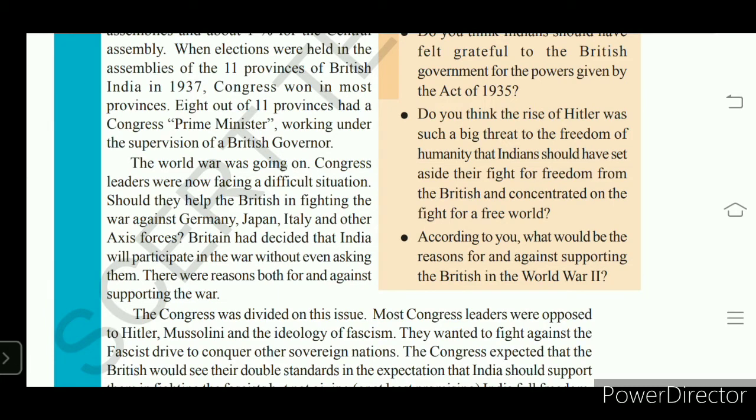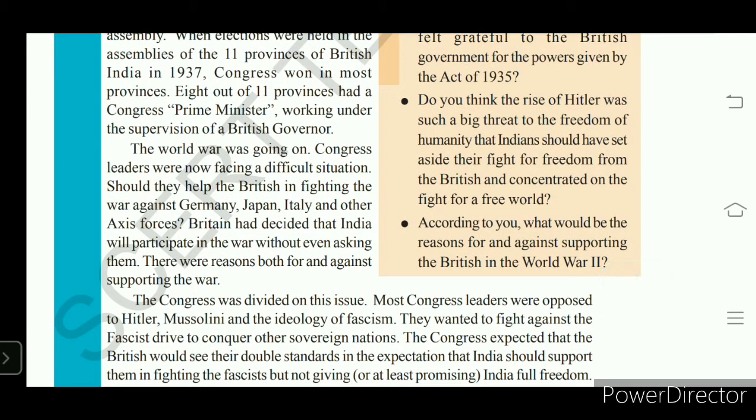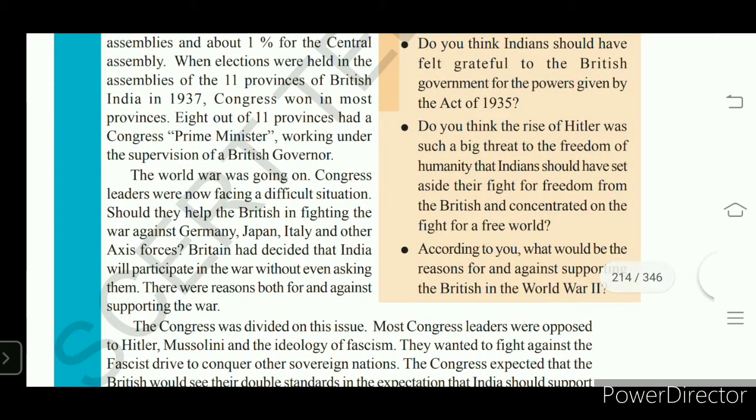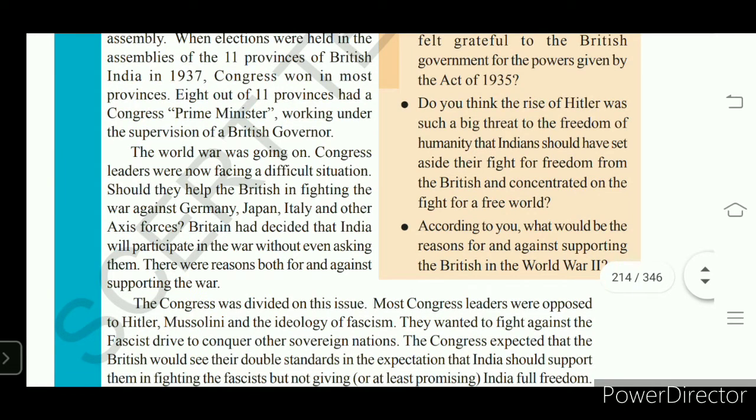So here Congress party representing to the Indians, and this party formed government in 8 provinces. So here there is a responsibility to consult these 8 Congress governments. They should consult.